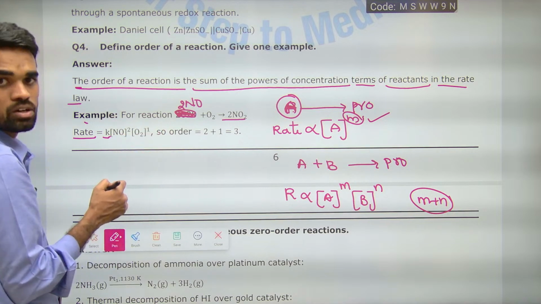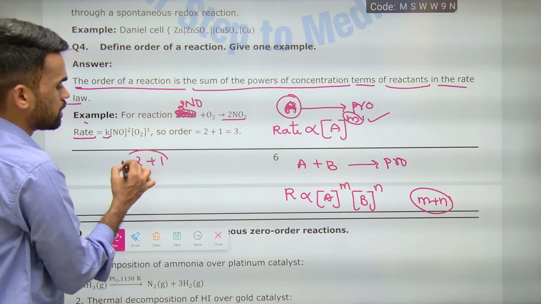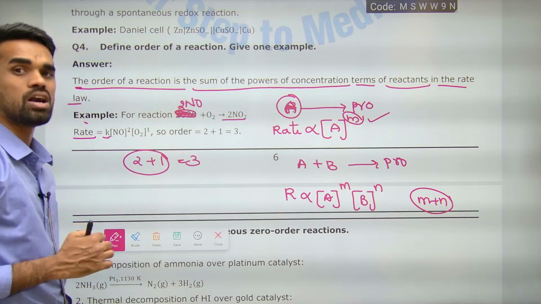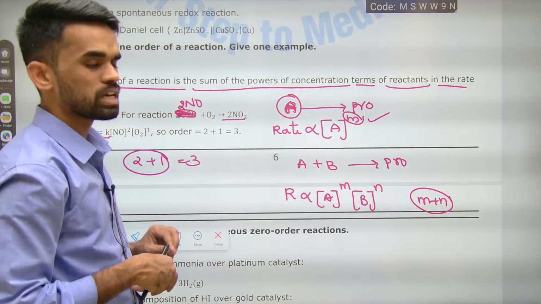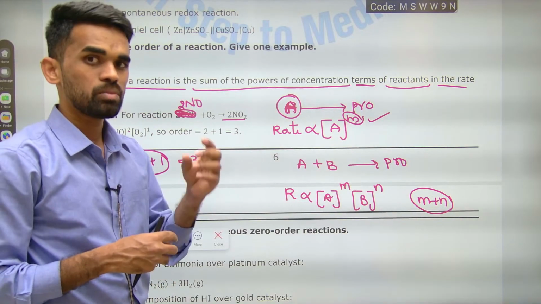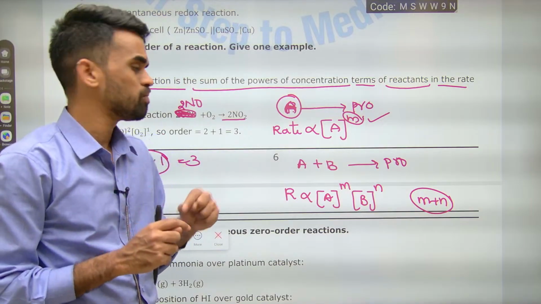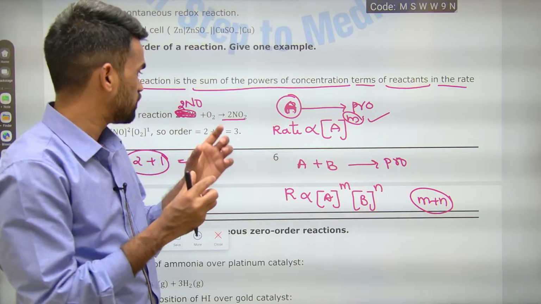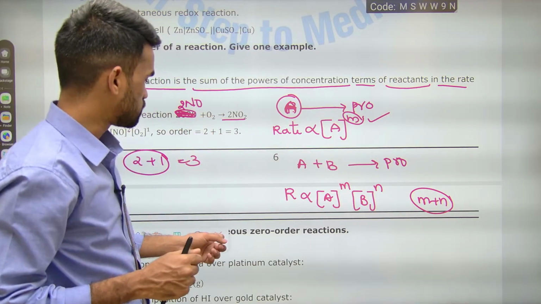The total order is 2 plus 1. For this reaction you can see stoichiometric coefficients are becoming their orders, but it won't be the same in all cases, only in a few cases. Because order of a reaction is determined experimentally, it is not given theoretically. So by looking at the experimental data only we can estimate the order of the reaction. Let's move forward.